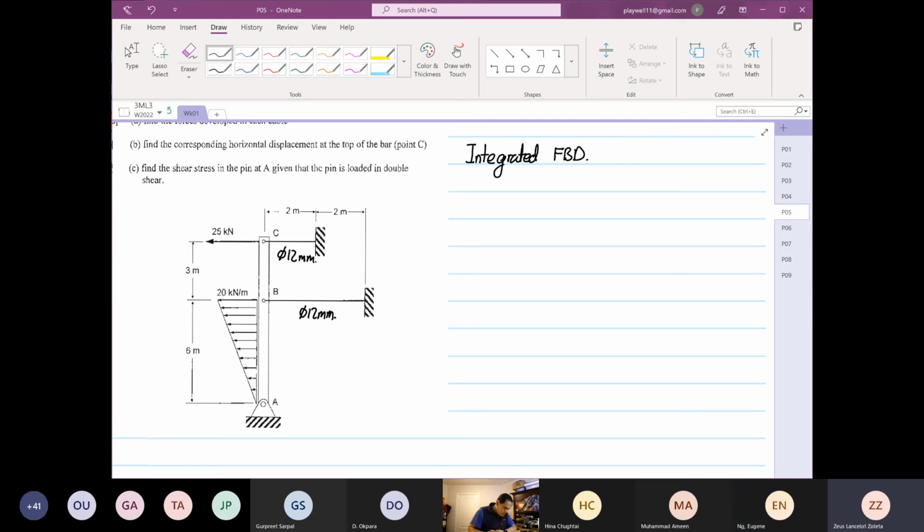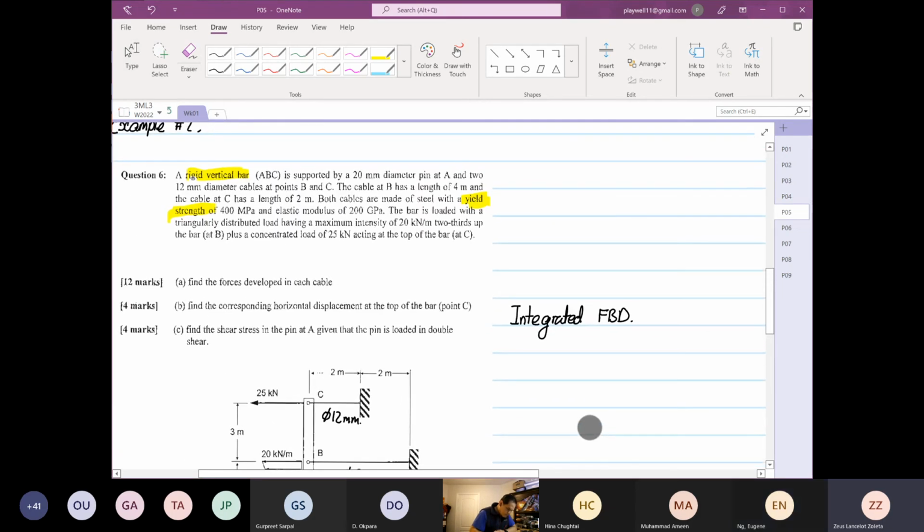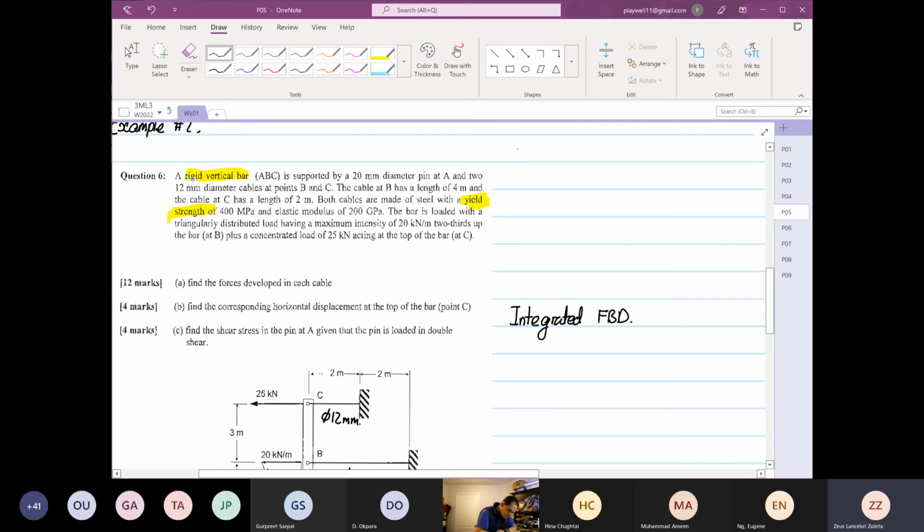Before I go on, I'd like to explain this term over here. What does rigid body mean? You can see the term: ABC is assumed to be a rigid body.